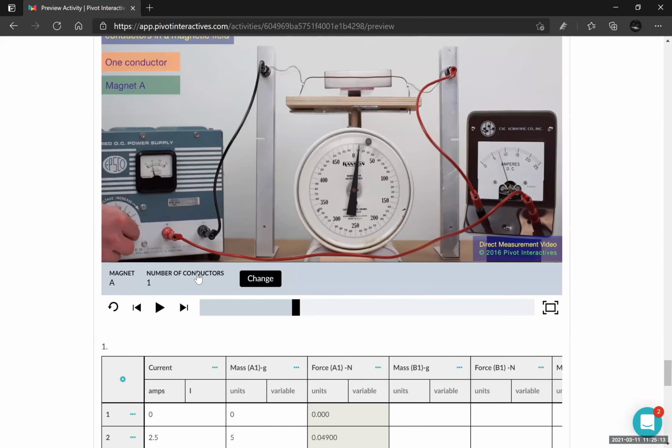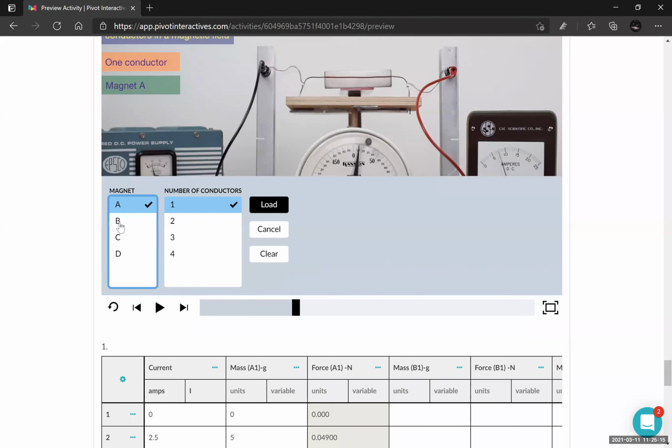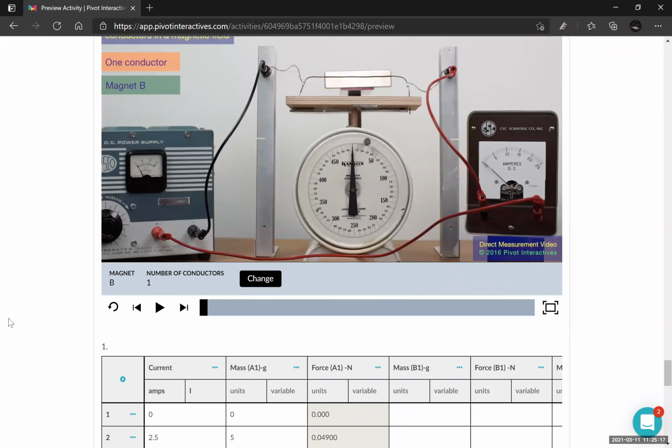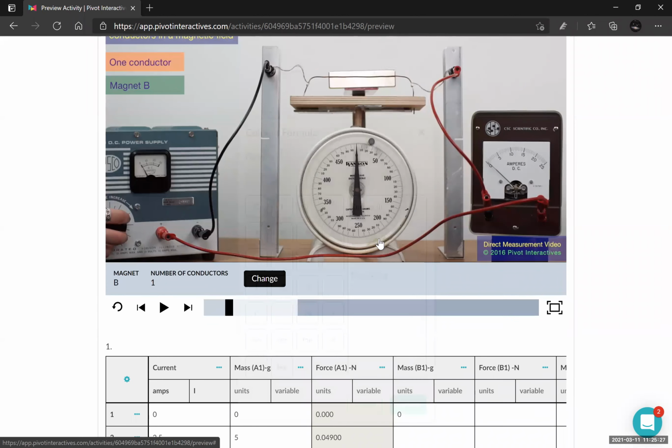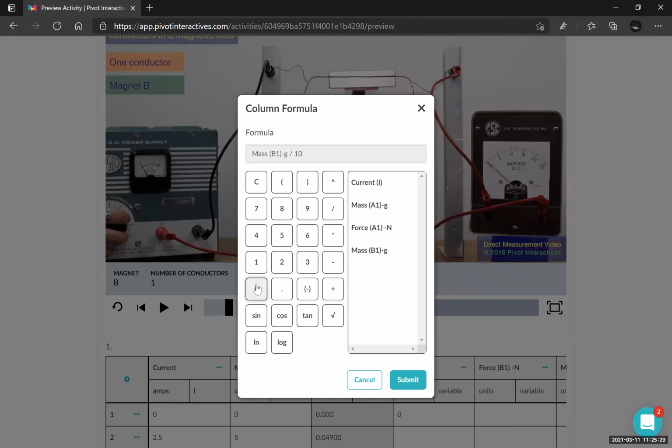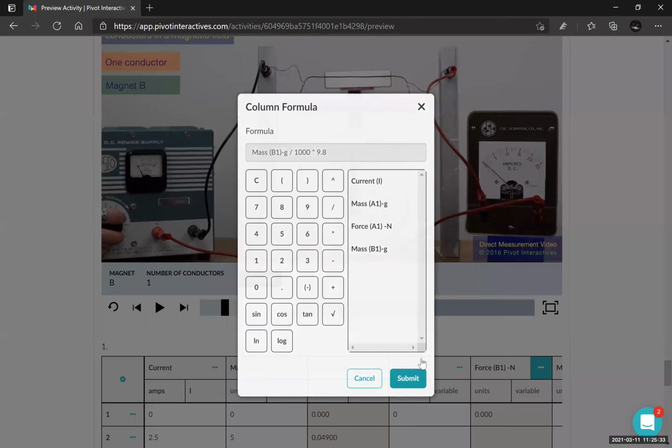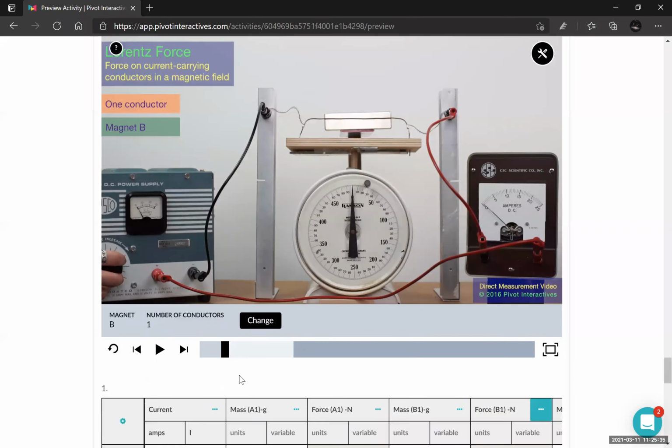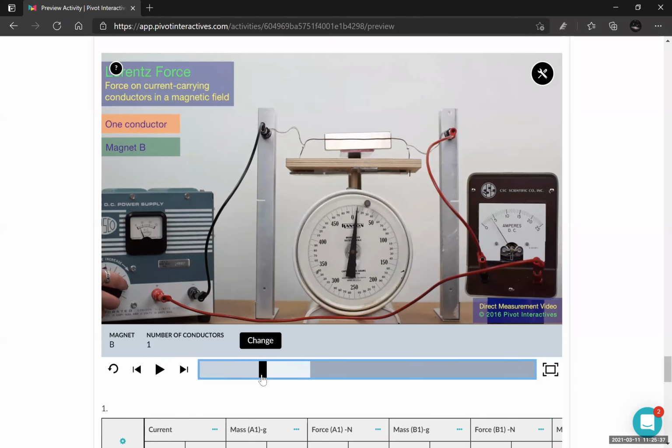Then I go to magnet B for the same number of conductors and do the same thing. That means I go 0, 0. Then this will be taking mass B divided by 1000 times 9.8, and I get that. So what is the force when current is 2.5?